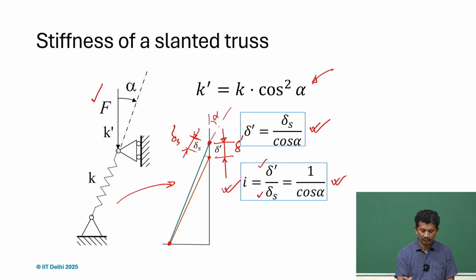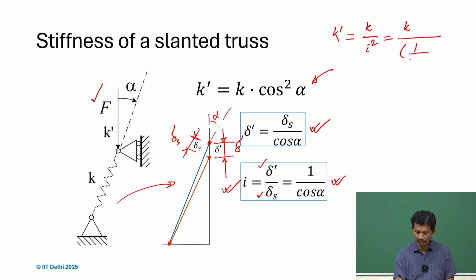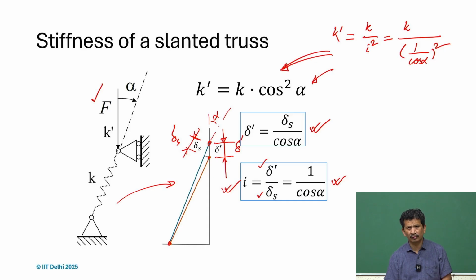And what we derived earlier is k times I square, and if we use that, we find I is 1 by cos alpha square, and therefore what we can find is k times cos square alpha, because cos alpha will go in the numerator.